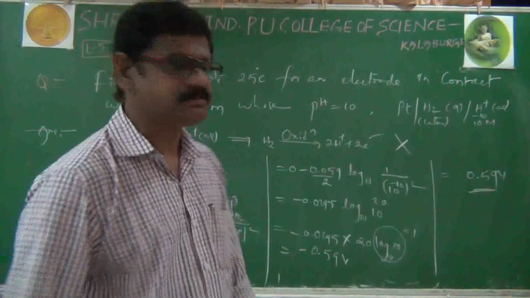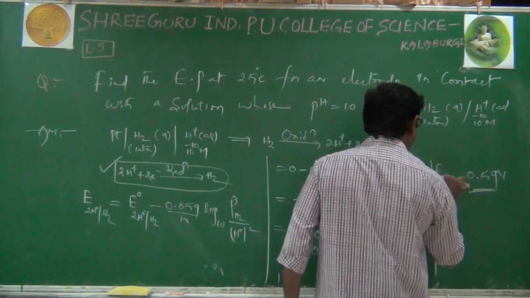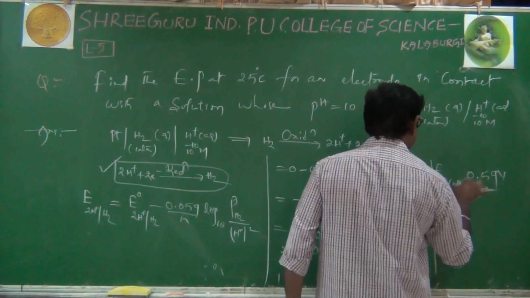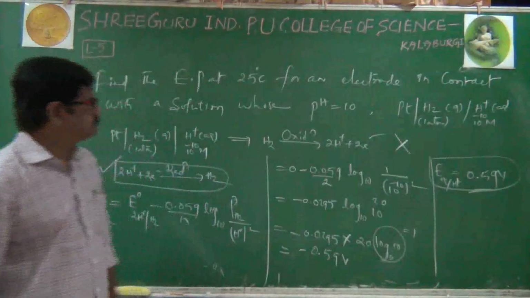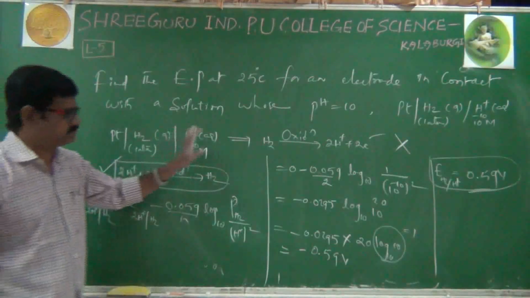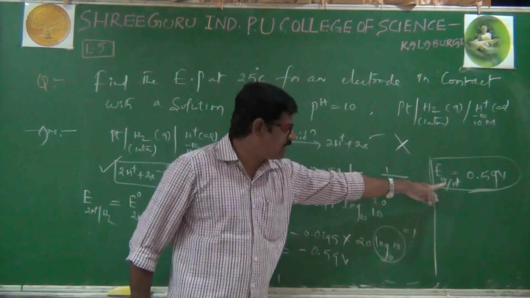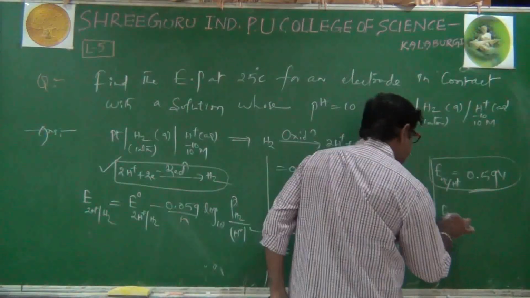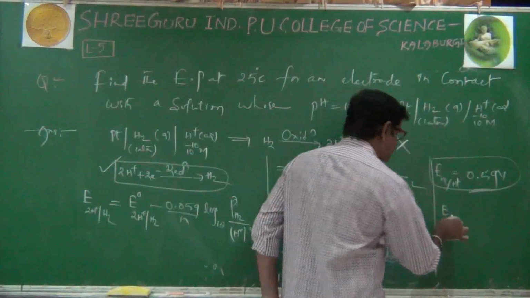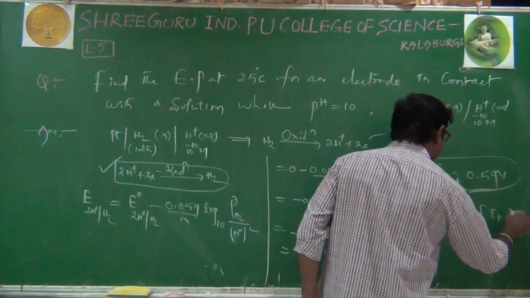That's it. It is H2 oblique H plus, that is E H2 oblique H plus. Okay, there is no confusion in this question. He has asked the oxidation potential. Finally, we have calculated oxidation potential only. What is the relation between oxidation potential and reduction potential? In the previous classes we have learned oxidation potential equals minus of reduction potential.